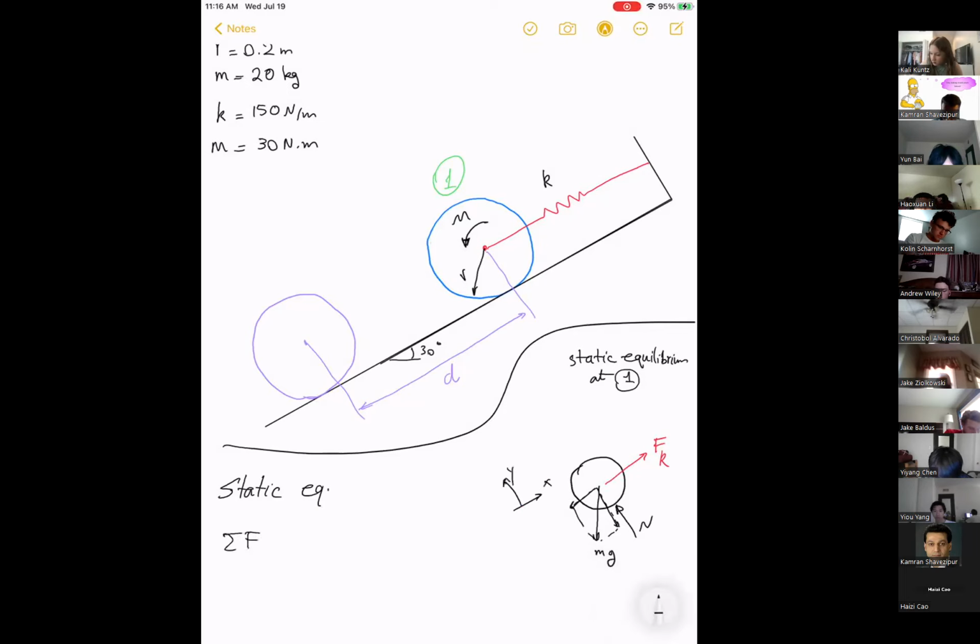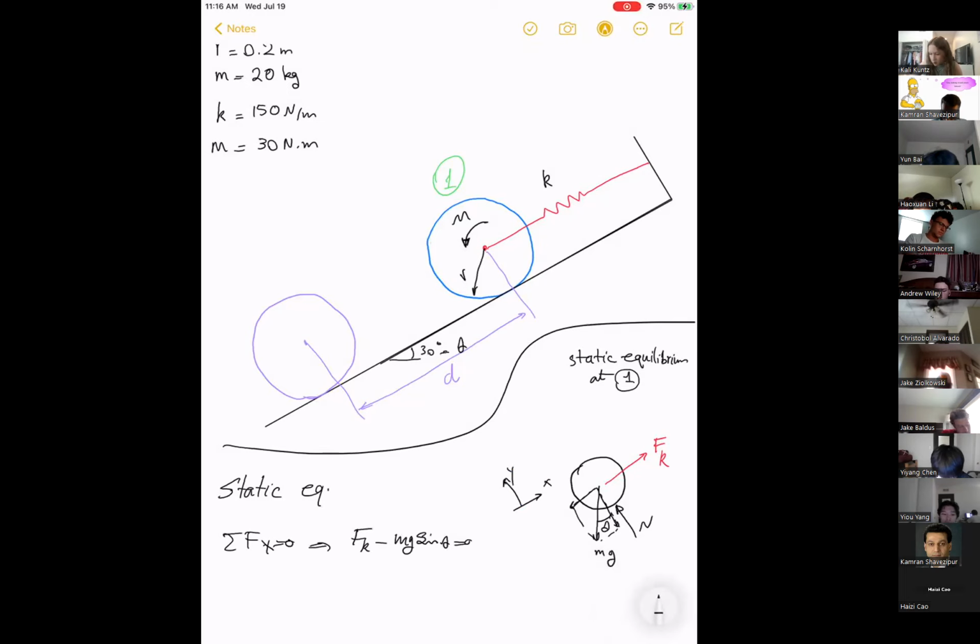Summation of forces in x is 0, and that's going to give you Fk minus mg sine theta is 0. This is the same theta as here.